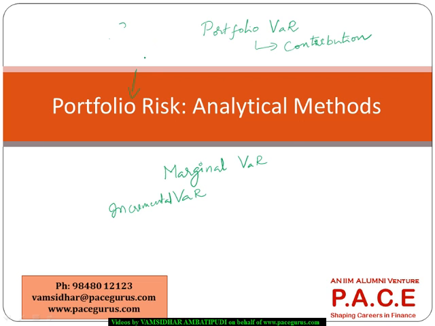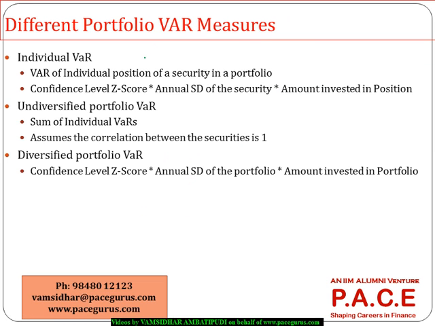So when I talk about value at risk, for individual securities we know how to compute it. For an equity security, all we are doing is finding the standard deviation of the security and multiplying it by the Z score of the confidence level.